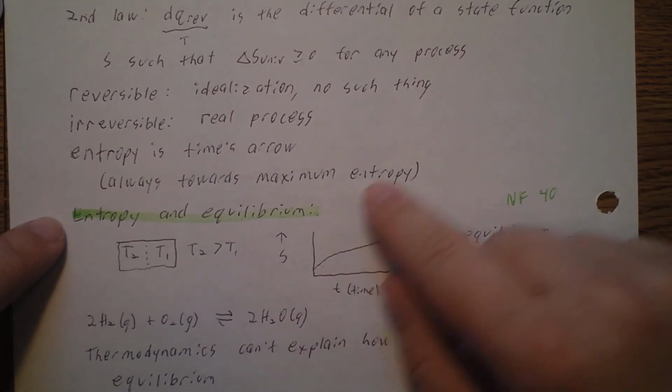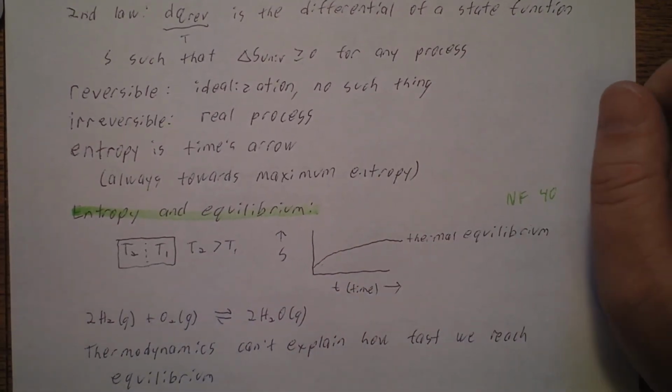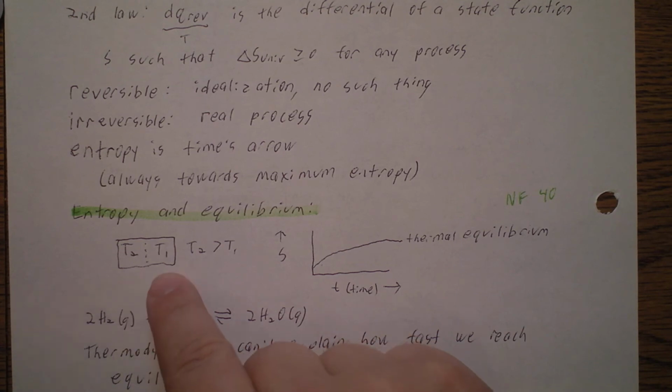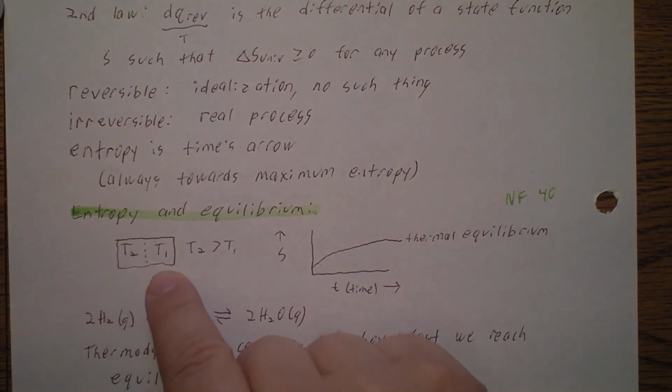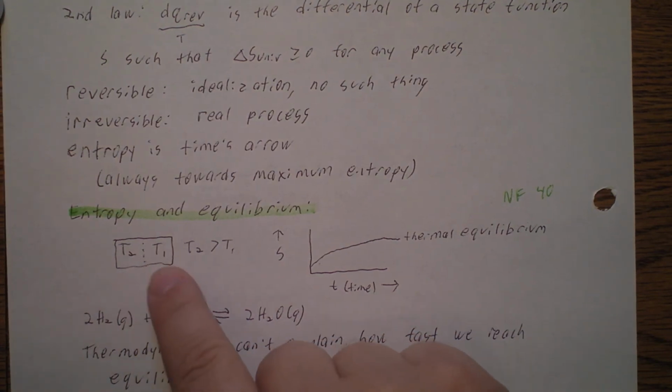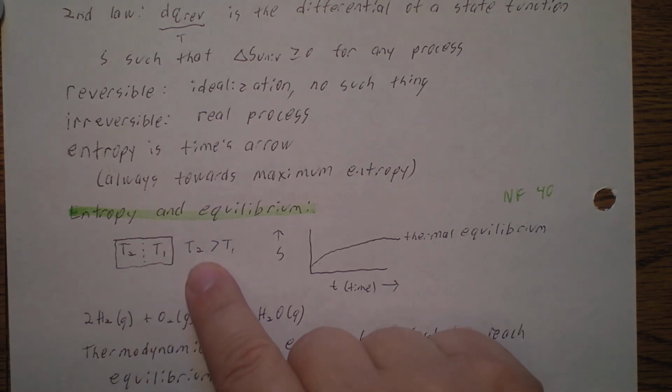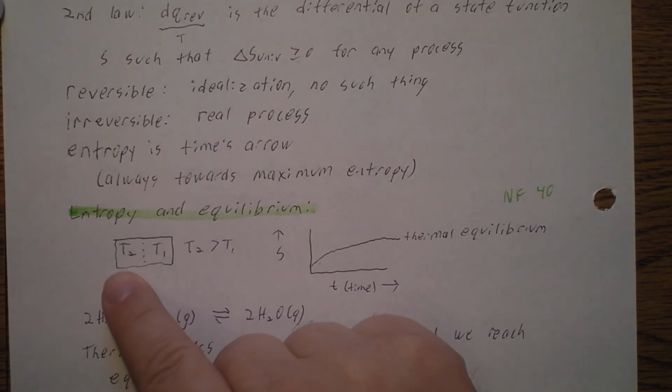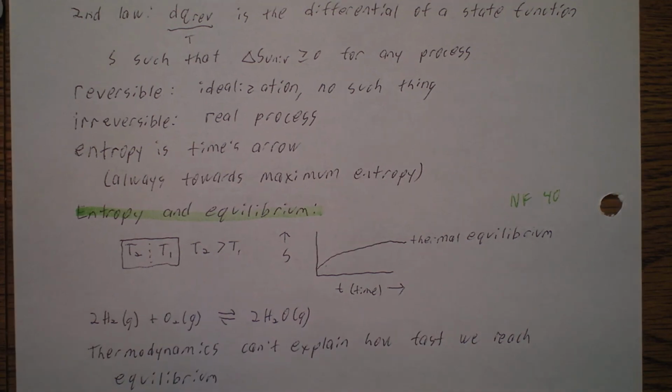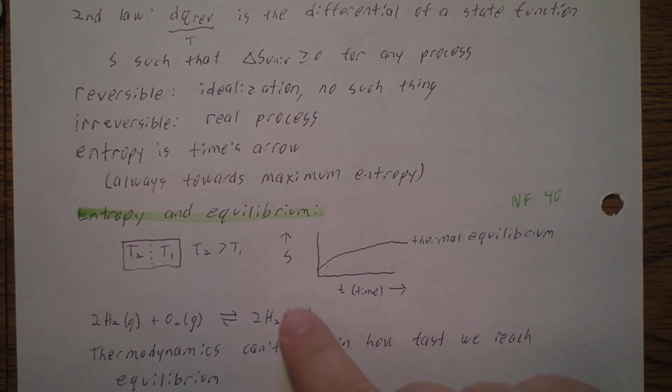Now let's talk about entropy and equilibrium. Let's say you start out with a system. One side's at T2 and one side's at T1. That's temperature. Capital T is temperature. And we're going to just say that this temperature on this side is higher than the temperature on this side. So here's a graph of entropy versus time. Lowercase t is time. Capital S is entropy.